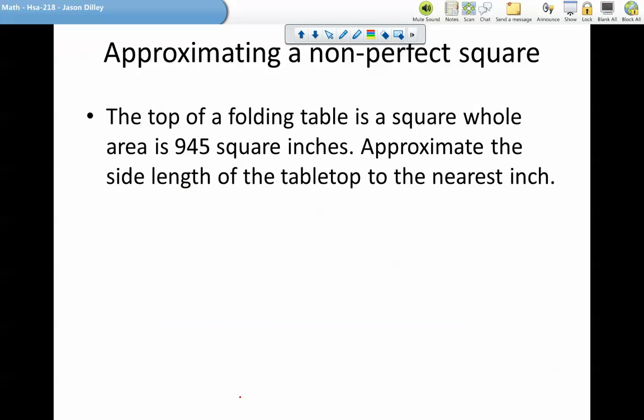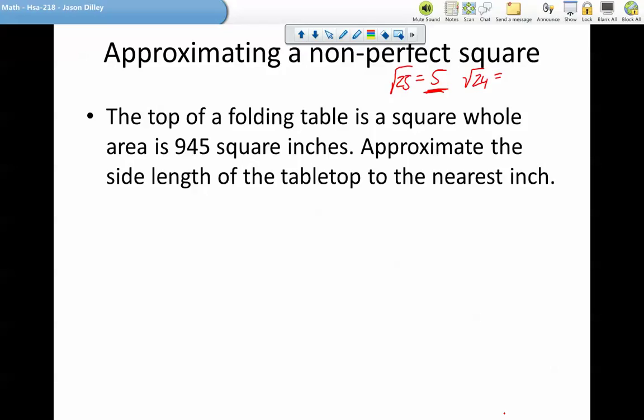Finally, the last thing here, we're going to approximate a non-perfect square. So non-perfect square, we said earlier that like root 25 is a perfect square because it has a whole number or integer as its value. Okay, so square root of 25, we have 5 times 5, that equals 25. But square root of 24, now that's different.